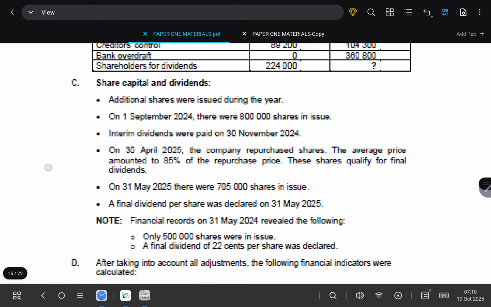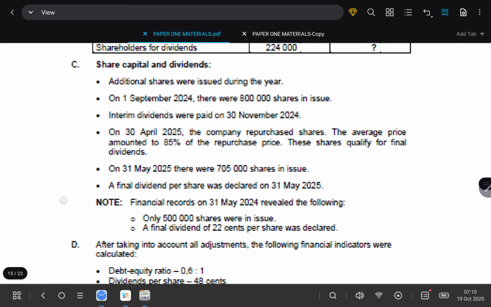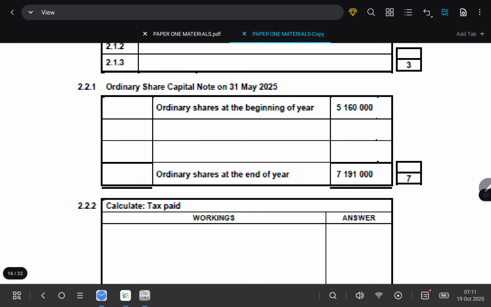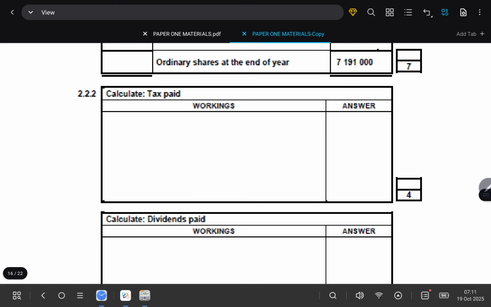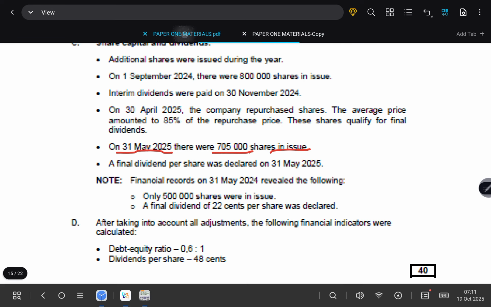So it will be easy after you've done this, or we can check our basic information, what they are saying. Let's find out how many shares do they have at the end of the year. Okay, remember our end of the year. So here they're saying on the 31st of May 2025, there were 705,000 shares in issue. So this 705,000 is the one that we are going to use because it's the number of shares at the end. Remember, net asset value is shareholders' equity divided by number of shares issued.